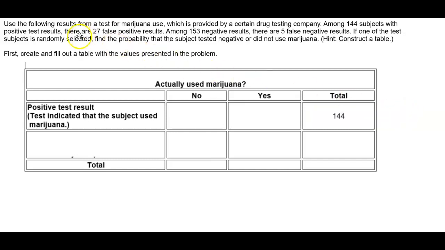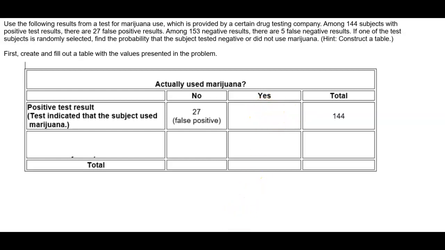Now, they also said that there are 27 false positive results, meaning they had a positive result, but it was false. So that's where the 27 is. This is a false positive. Now we want to figure out what this number is.